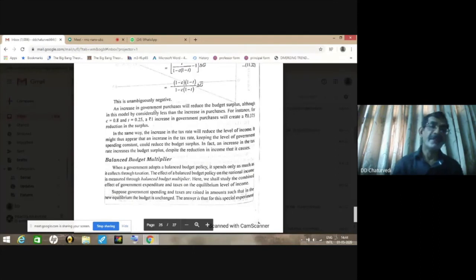And that indicates the change in government expenditure and the change in taxes have equal impact on the equilibrium level of national income. So suppose we are changing the government spending and taxes by the same amount in the positive direction. That means we are increasing the same.